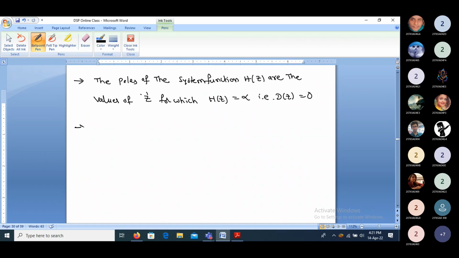Next, the second one. After calculating the poles, we find the zeros of the system function. Clearly observe it.